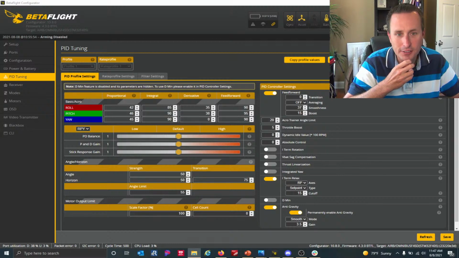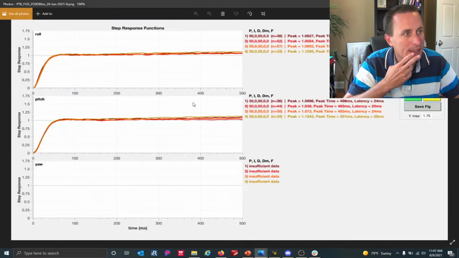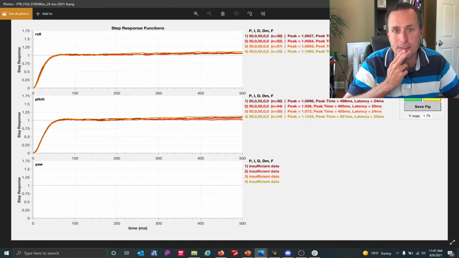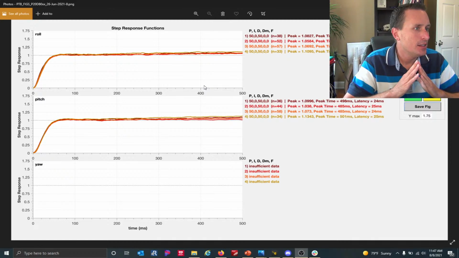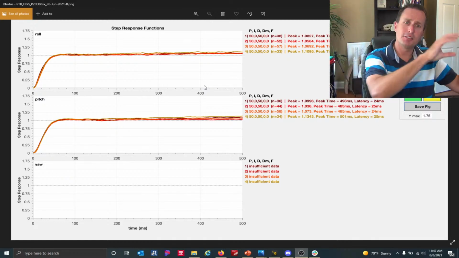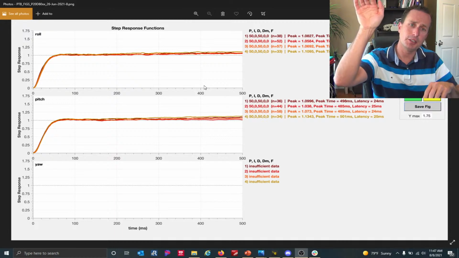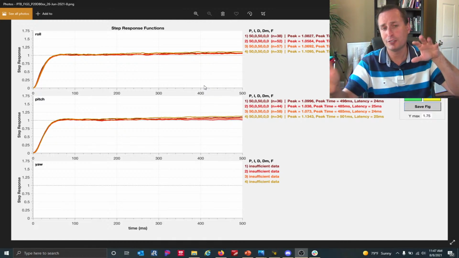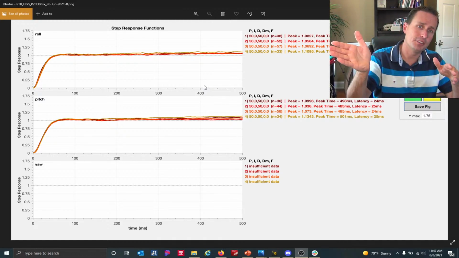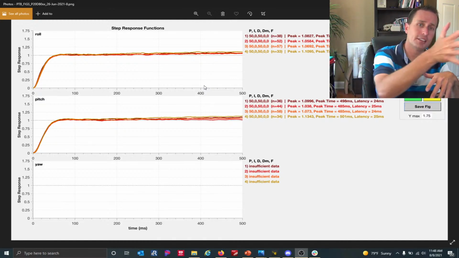I'm trying to see if there's any other tests in here that went through. Oh yeah, let me open this final one up here. This final test was showing the consistency, because he did a bunch of different tests, right? One was increasing the P, holding the D. The other was increasing the D, holding the P. And then there was another flight increasing the P and D all together.